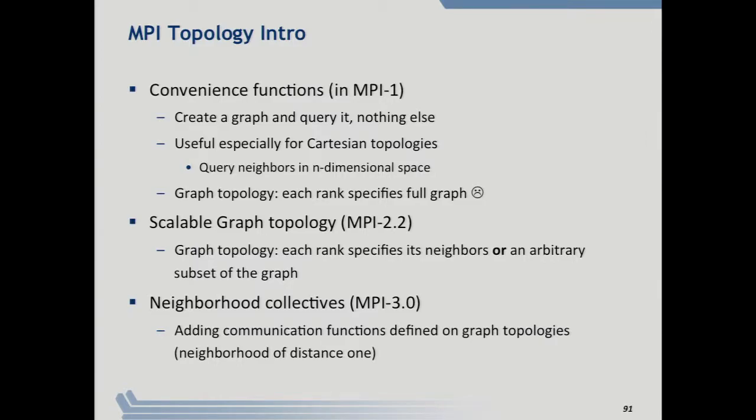So let's say you're running on a million process system and everyone's communicating with so many processes, each rank has to specify this whole communication graph. How much memory does that itself take to specify that graph?